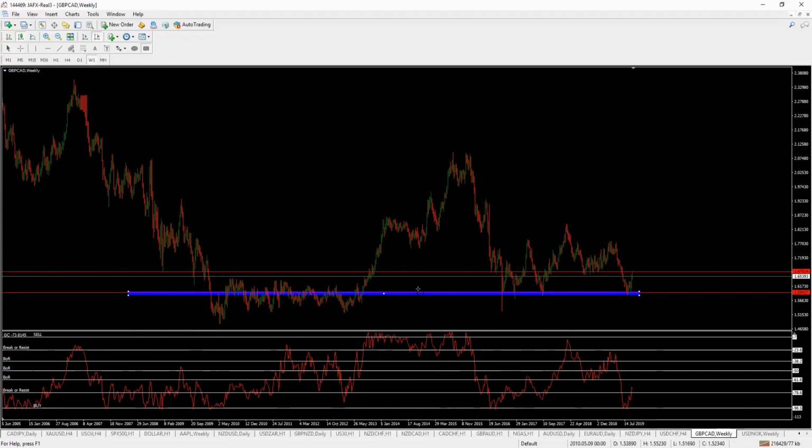Now we also see the resistance, so we can plot them right on these two automatically. That's the beauty of it, right? All these rectangles are doing is giving you more insight into what price is always doing at those levels. See how there's always a reaction at these levels, okay?